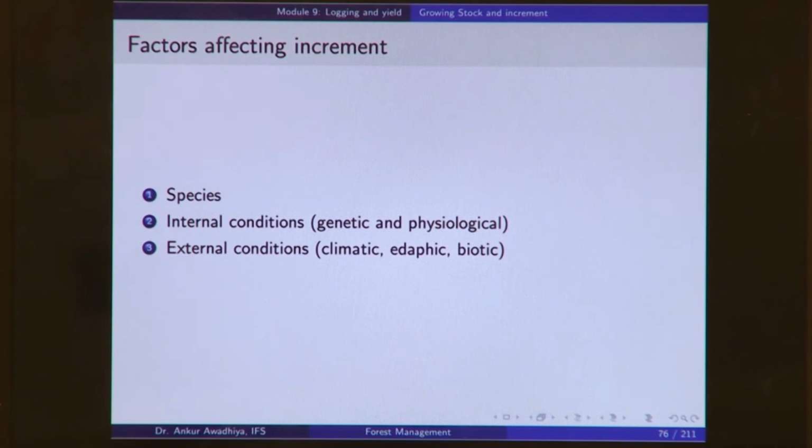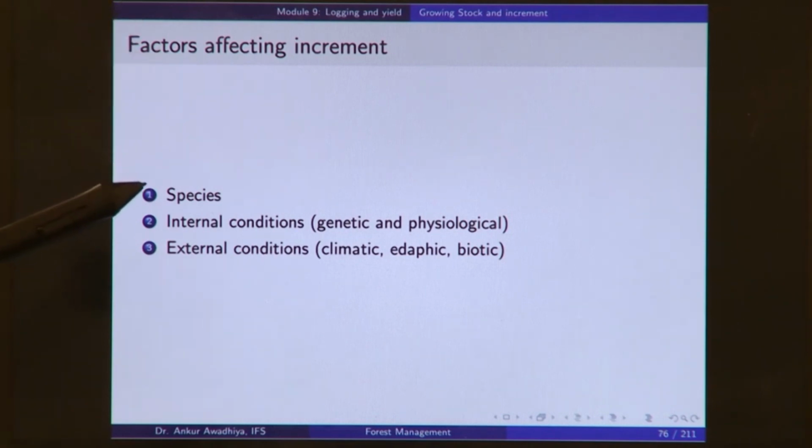So, the increment that is being put up by a stand will depend on the species or the species composition of the stand. If it has those species that grow very fast, then we will be having a larger increment. If it has those species that grow slowly, then we will have a smaller increment.